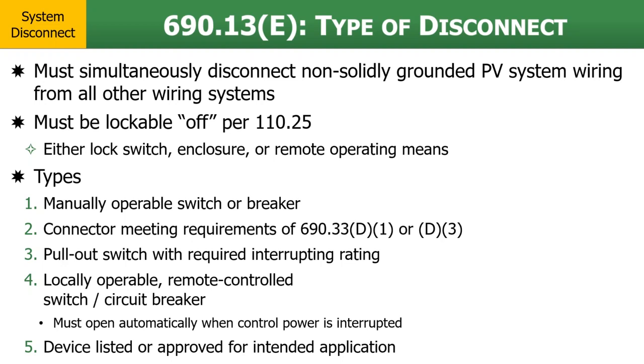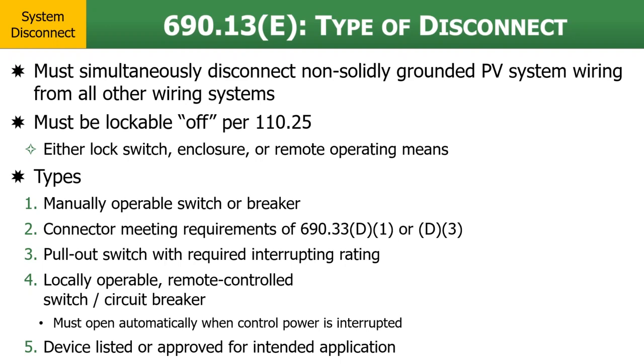That allows manufacturers to use different pieces of equipment that they specifically have listed as a PV system disconnect. It allows the industry to have other options available in the future if somebody comes up with some really interesting device that could be used as a PV system disconnect, as long as it's listed and approved for that intended application.